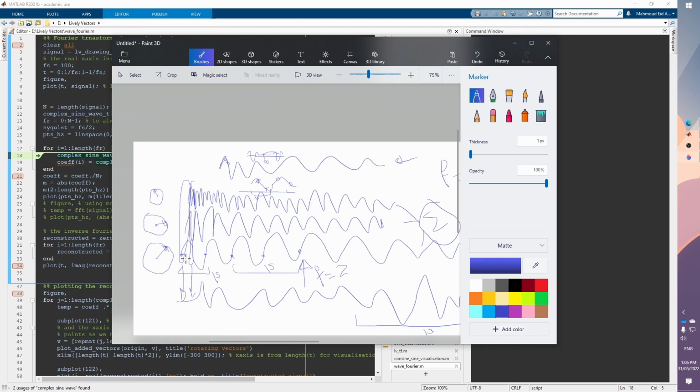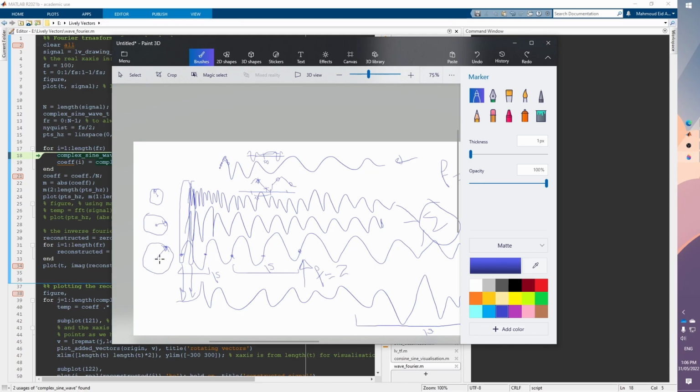So what makes them look like waves is that we get the value for this one projected on one of our axes, and then we proceed to see the vector when it's here, the vector when it's here, and so on, and project it on our axis, and that's how we can create this wave. And we discussed this and saw an illustration and animation for this in our previous videos.